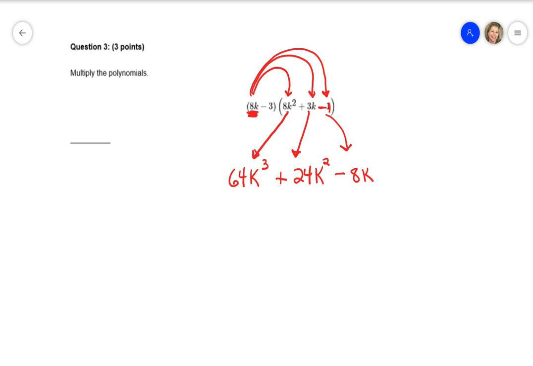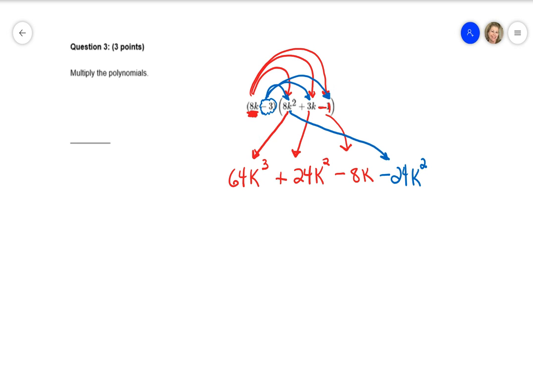Now, you're going to pick up the minus 3 because you've used the 8k. So I'm going to distribute the negative 3 to each and every term in the trinomial also. So negative 3 times the 8k squared is going to give me a negative 24k squared.